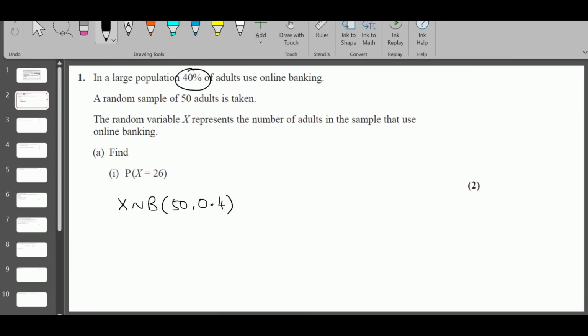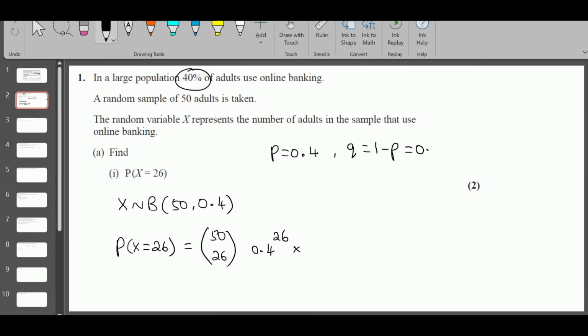So when they say P of X is equal to 26, the formula is nCx, n is 50, P to the power x, Q to the power n minus x. If the probability of success P is 0.4, the probability of failure is 1 minus P, which is 0.6, so 0.6 to the power 50 minus 26. This is the formula: P of X equals x is nCx P^x Q^(n minus x).